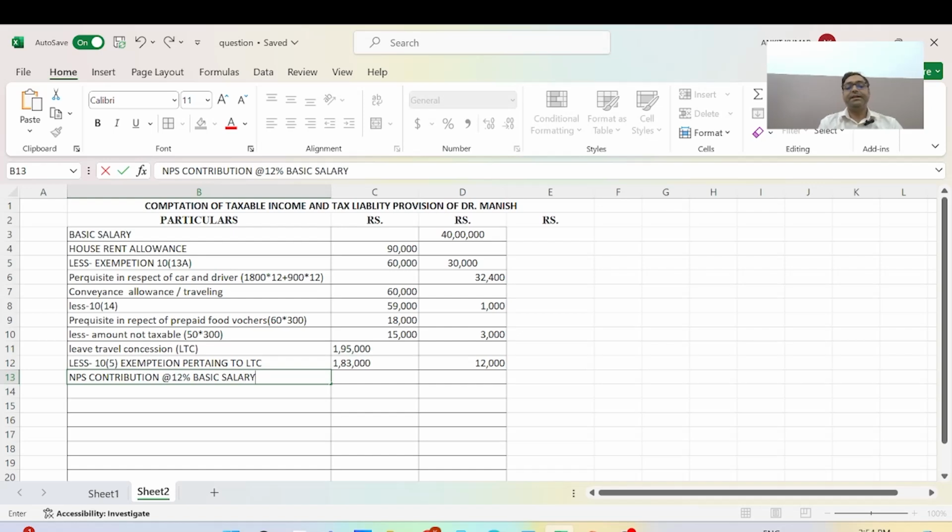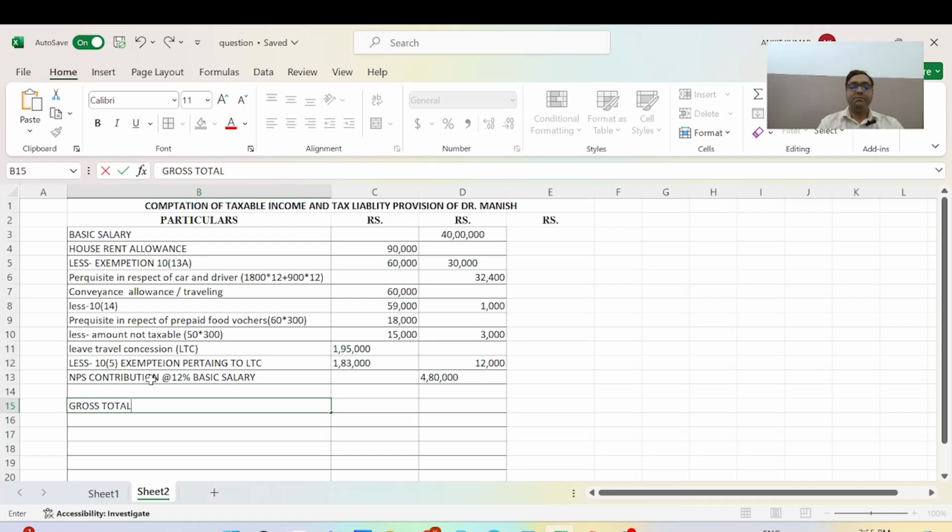The basic salary here is 40 lakh rupees, and 12% is 4 lakh 80,000 rupees. Then we will calculate the gross total salary.